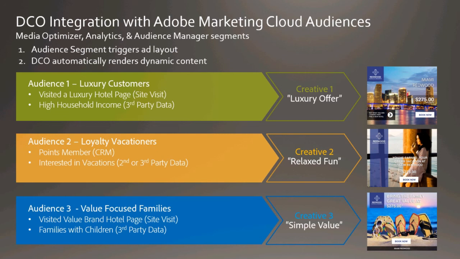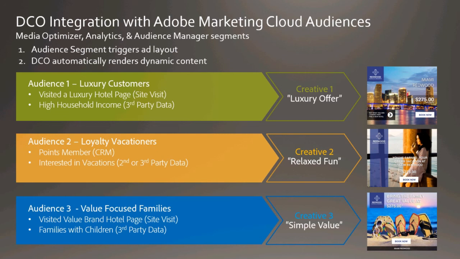Another audience segment might be loyalty vacation members. We know they're part of the loyalty member program. They have a high number of points. We know they're interested in vacations because of third-party lifestyle data. So we have a specific creative called Relax Fun for this audience segment. The last example is value-focused families. These are users that have visited a value brand hotel page.